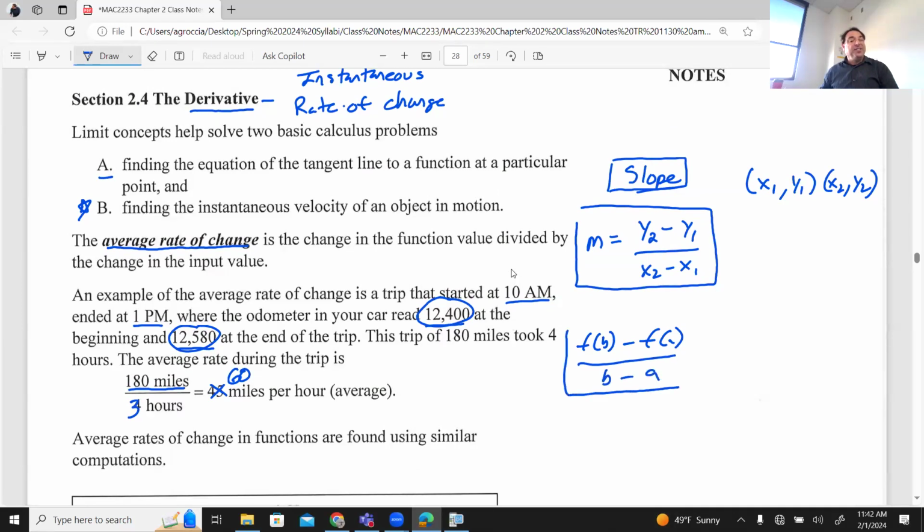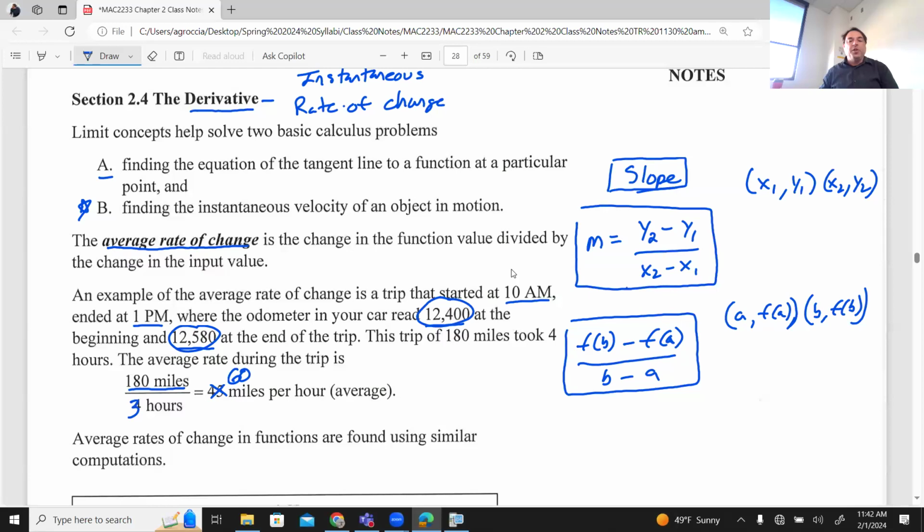And you're like, okay, that looks a little different. But it also kind of looks the same. So this is saying instead of x1 and y1, this is a and f of a, the result of a. And this would be b and f of b. So yes, it looks a little weird, but if you look at it, it's the same thing.